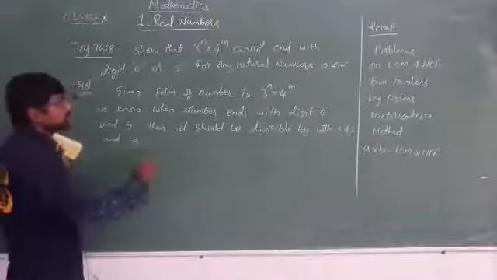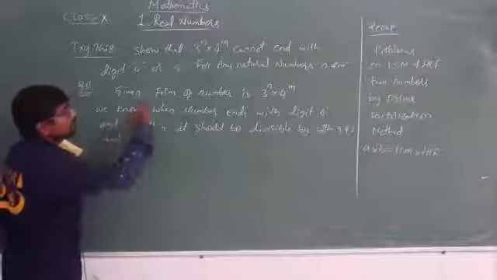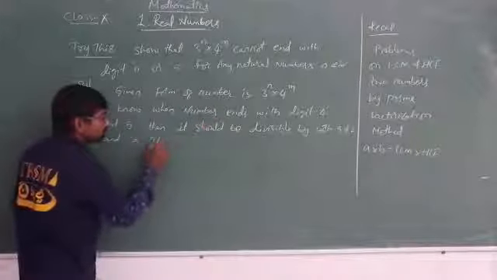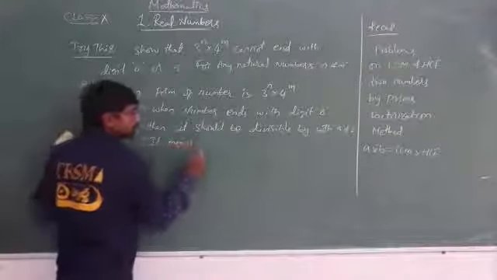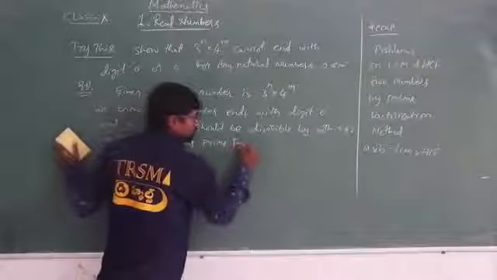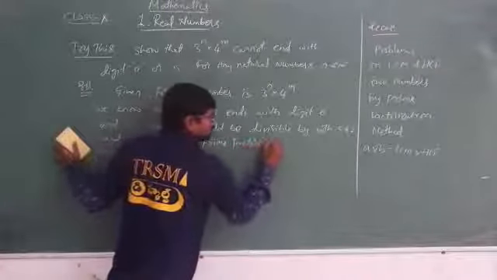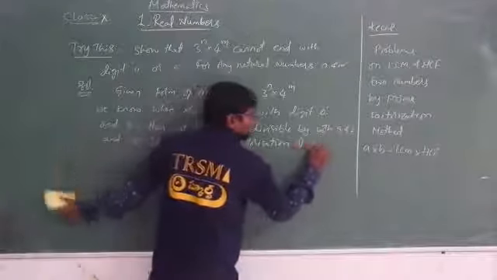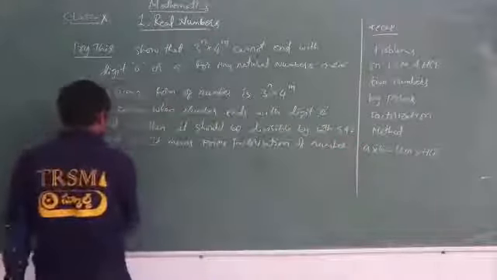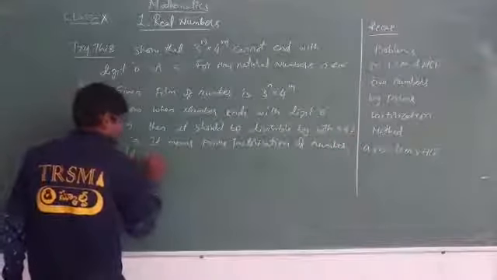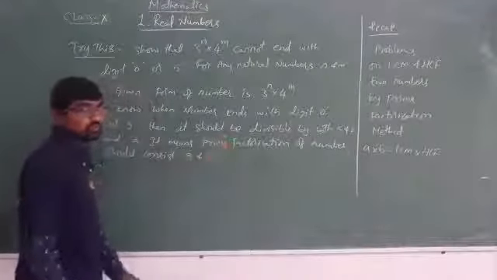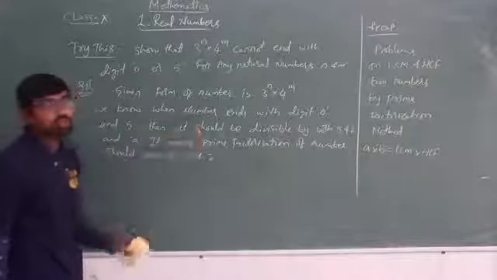Now if we take 3 power n and 4 power m, the prime factorization of the number should consist of 5 and 2 for 0 and 5 for 5.